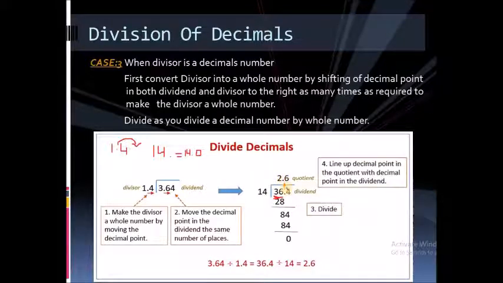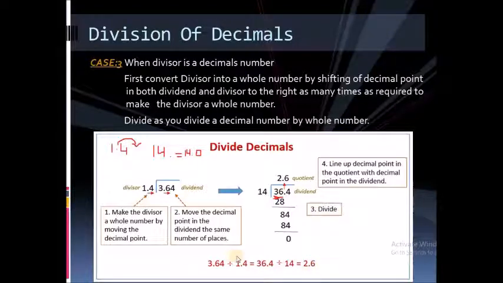Okay. Then only I can note down this 4 here. So I have put a decimal point in my quotient and then I note down this 4 over here. It becomes 84 and 84 is divisible completely. In the table of 14 it will come 6 times. So I write 6 in the quotient and it will go completely. So when you divide both of these, the answer will be 2.6.